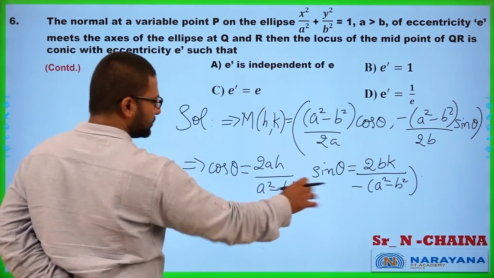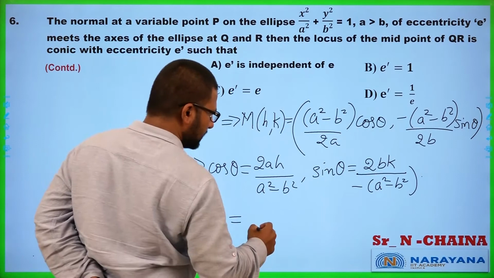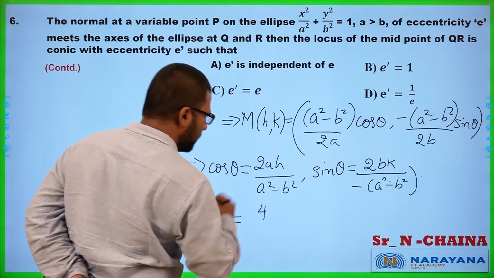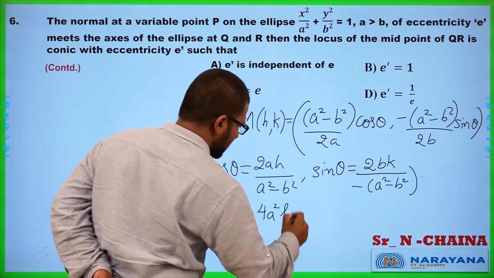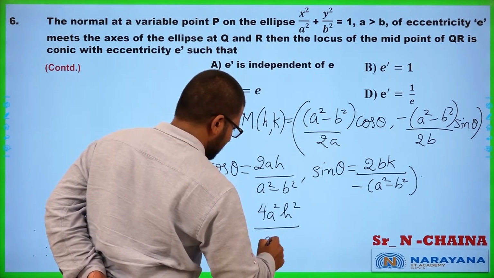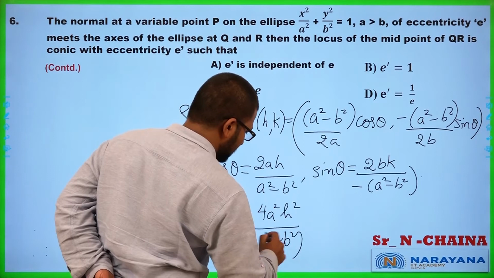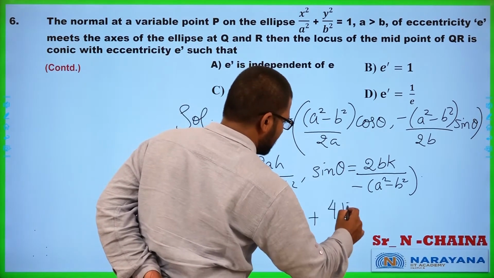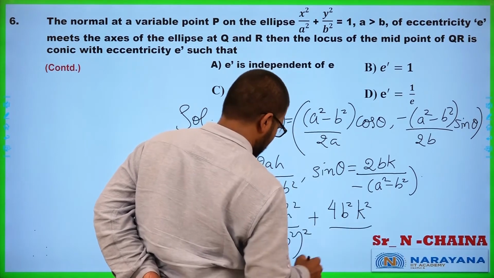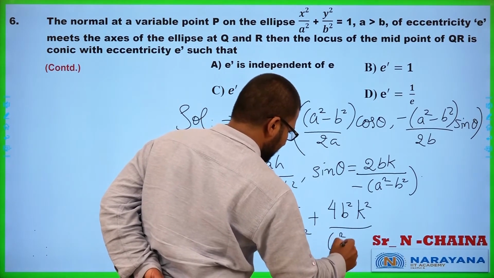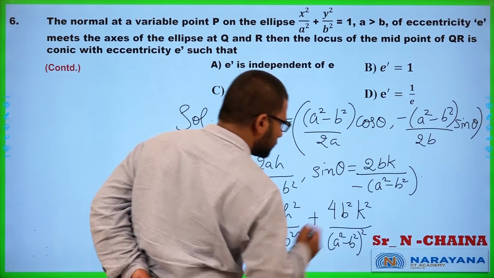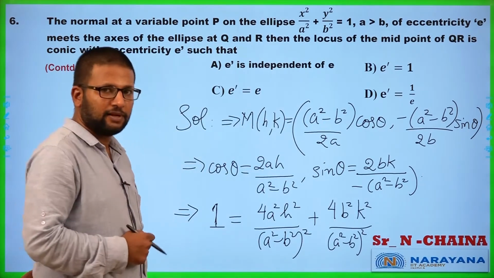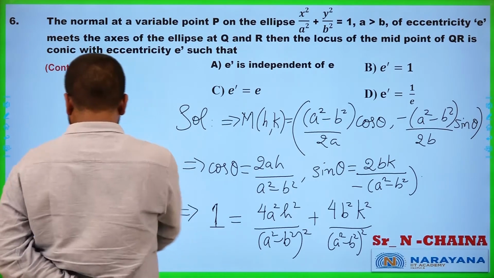Can you see denominator is going to be the same? So let us write it separately. 4 a square h square upon a square minus b square the whole square plus 4 b square k square upon a square minus b square the whole square, correct? Now can you see this is just another ellipse? Can you see that, right?